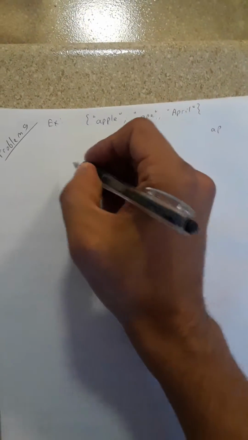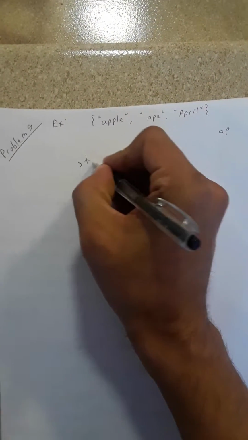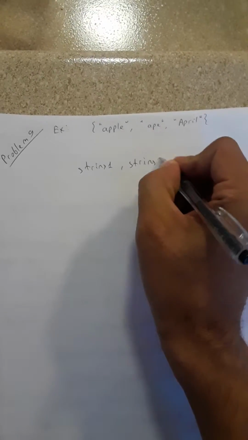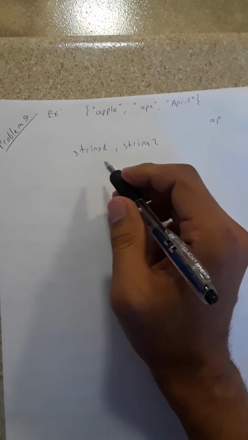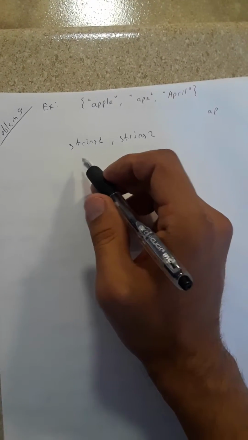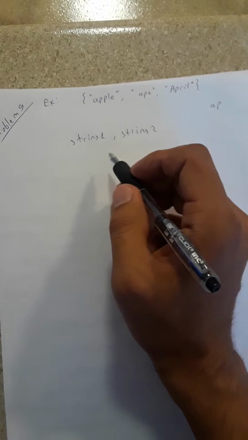In order to solve this problem, first of all we will need to define one helper function which will just take two strings, string 1 and string 2, and check how many common first characters they have.